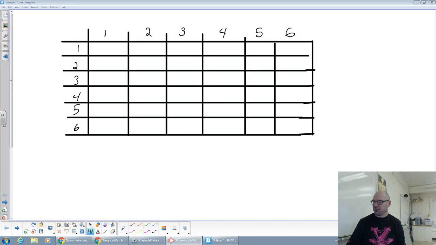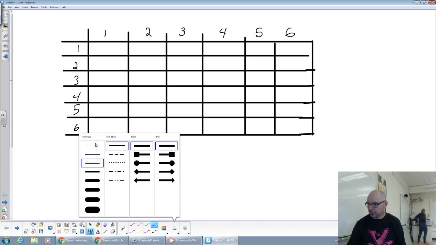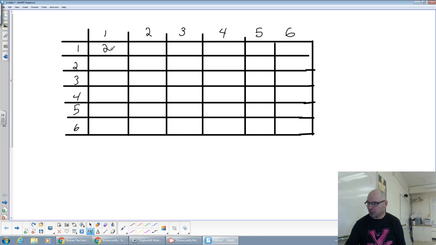Okay, so this represents one dice, and this represents the other dice or die. And these are going to be the total sum on each dice. So in here, we're going to use a different color. So this is 1 and 1, 2. This would be 2 and 1, 3, 4, 5, 6, 7.